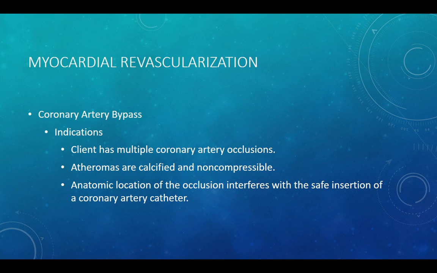A lot of times with the failed PTCA and medication, that's when they go to the coronary artery bypass graft. Especially if it's 70% of the left main, they're going to do the CABG right away.